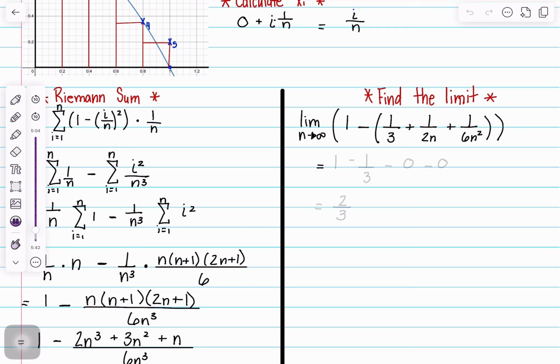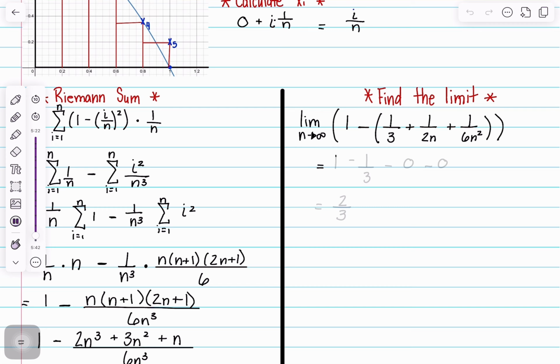And I don't know if it's obvious to you yet, but when you have n's in the denominator and your limit is approaching infinity, those terms go to 0, because as your denominator gets larger and larger, your number gets smaller and smaller.